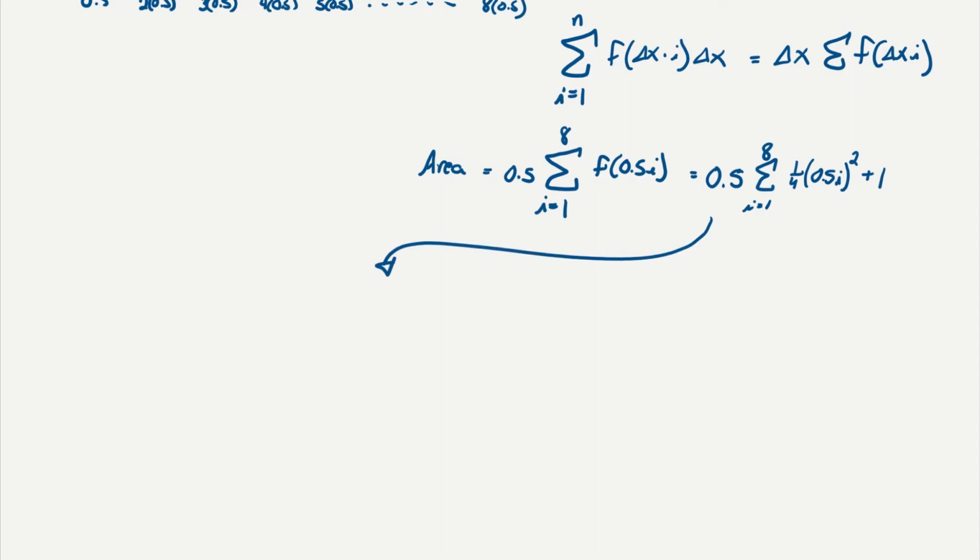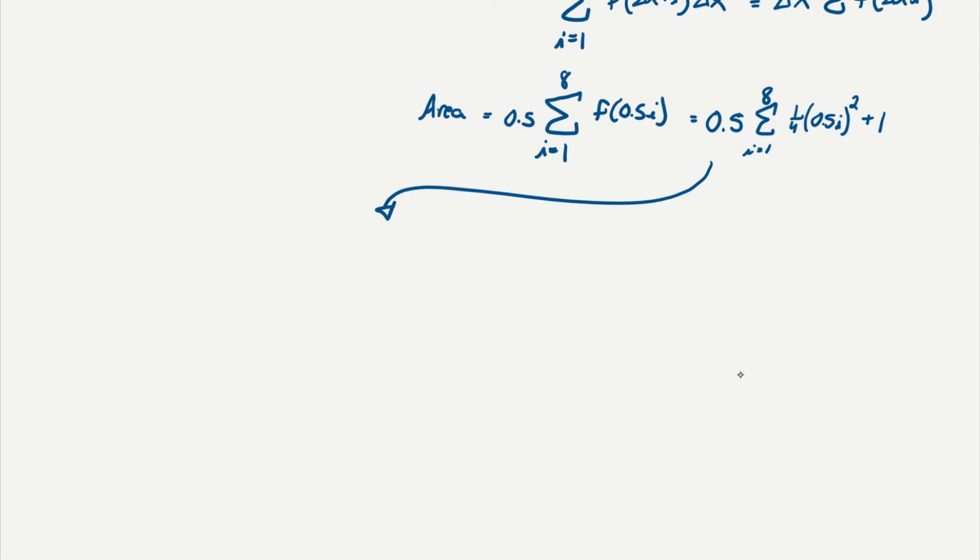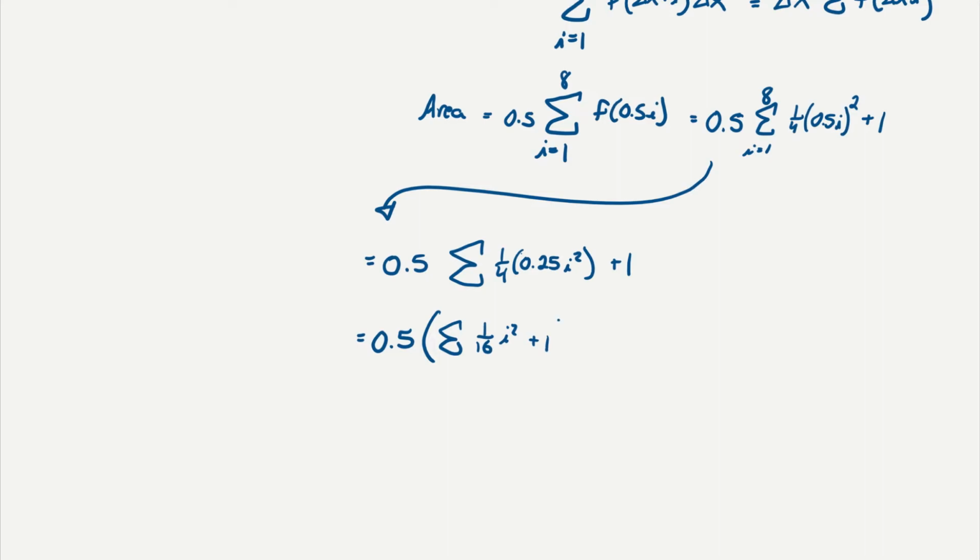Let me write it a little bigger here. The area equals 0.5 times the summation of 1/4 times (0.25 i squared plus 1). So that was distributing the square. That is equal to 0.5 times the summation of, now I have 1/4 times 0.25, which is 1/4 times 1/4, so that's 1/16 i squared plus 1.